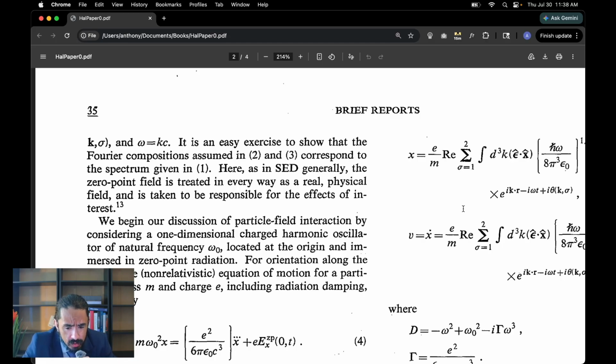Anyways, it is an easy exercise to show that the Fourier compositions assumed in equations 2 and 3 correspond to the spectrum given in equation 1. So I'm not going to do that here for sake of time, but you could probably just type into your preferred flavor of AI and verify that the Fourier compositions assumed in the stochastic electrodynamic formulations for the electric and magnetic fields, which are respectively equations 2 and 3 in this paper, correspond to the energy density spectrum relation rho of omega d omega, which is what equation 1 in this paper is.